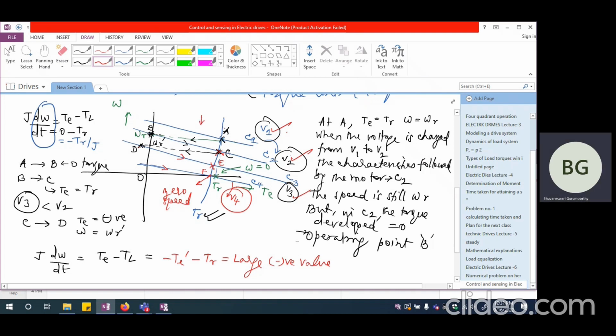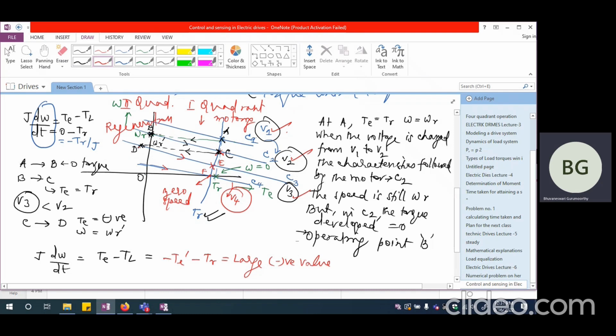So basically, during transient operation, the drive system goes from the first quadrant of operation, which is motoring, to the second quadrant of operation, which is actually going to be regeneration. So regenerative braking is repeatedly implemented to bring down the speed.